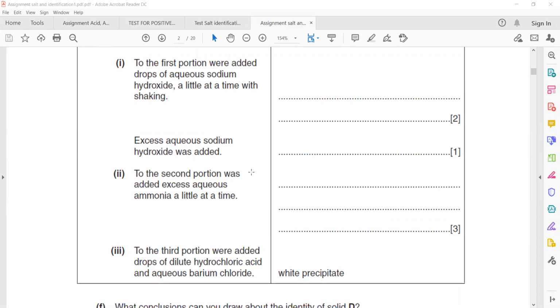To the third portion, we add hydrochloric acid, followed by barium chloride. What is this test when we add barium chloride? This is a test for which ion?